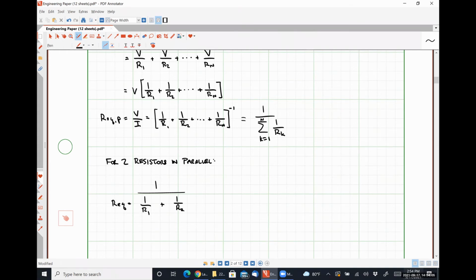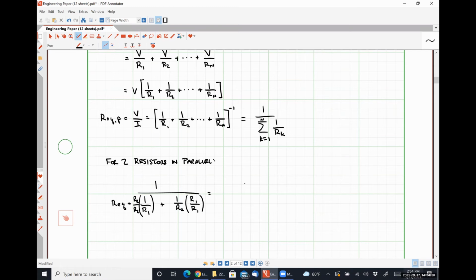By my fundamental definition that I have up here. I can multiply this guy on the left by R2 over R2, and I can multiply this guy on the right by R1 over R1.